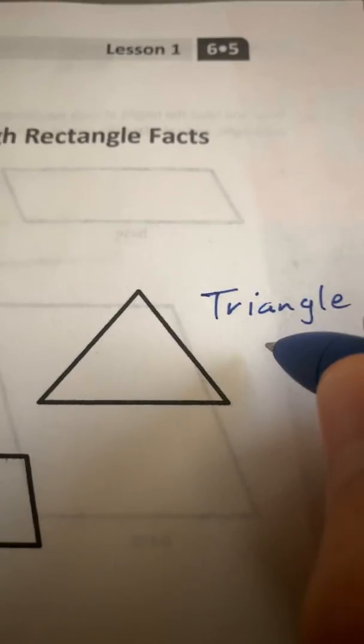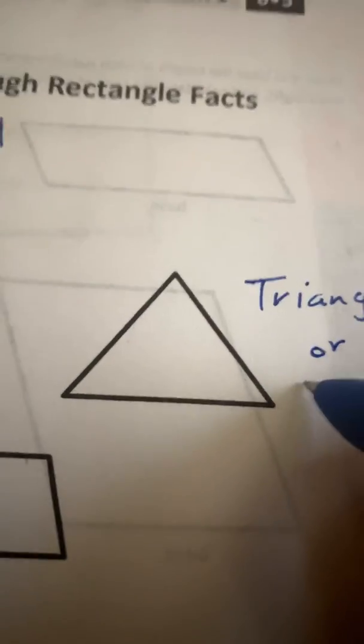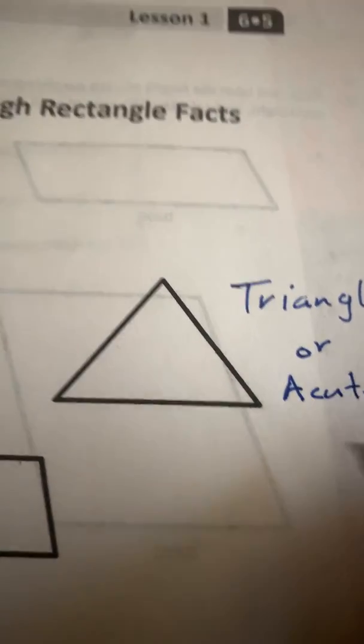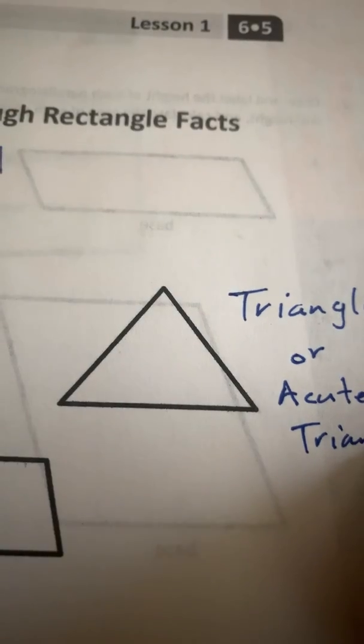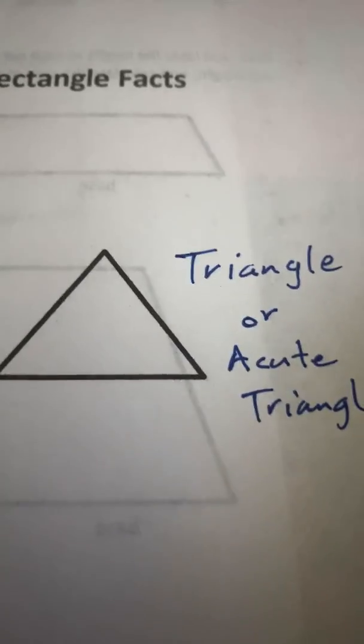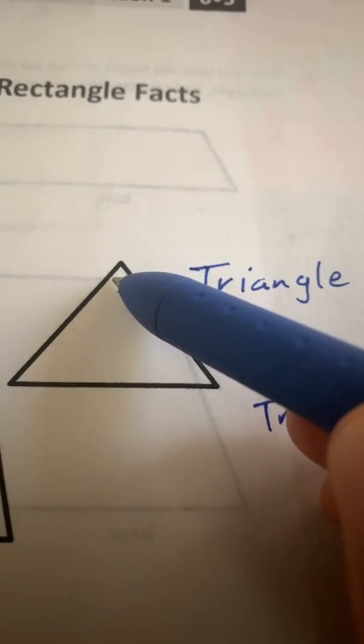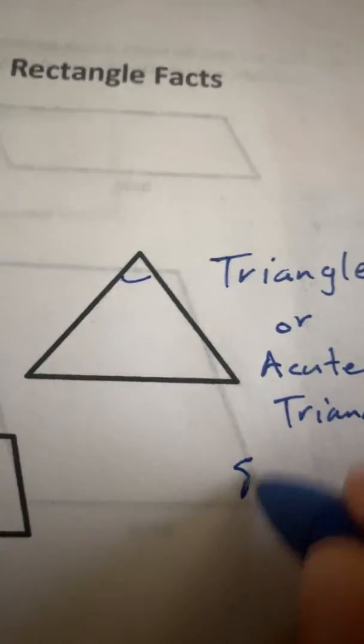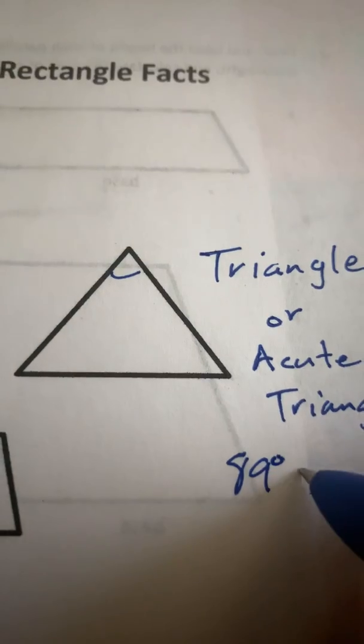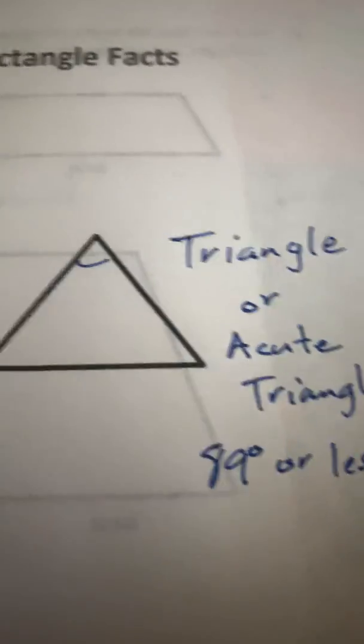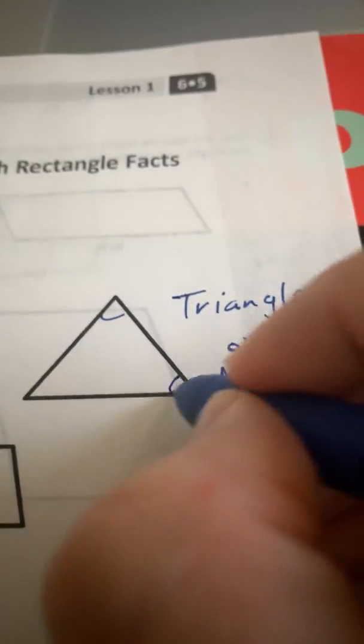You can also just leave it as a triangle, or you can also call it an acute triangle, okay? Why acute triangle? All the angles in here are probably 89 degrees or less. And we will see this in the future.